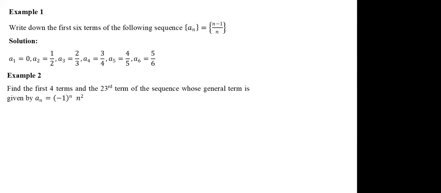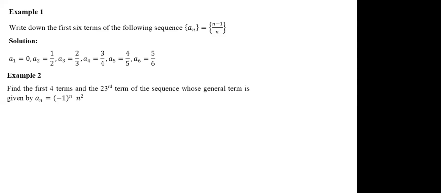But if it is an odd number, your result will be negative. Let me repeat myself: if the power is even, your result will be positive. If it is odd, your result will be negative.